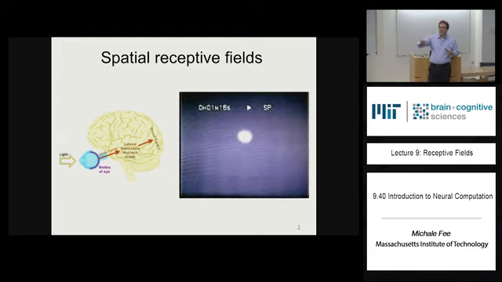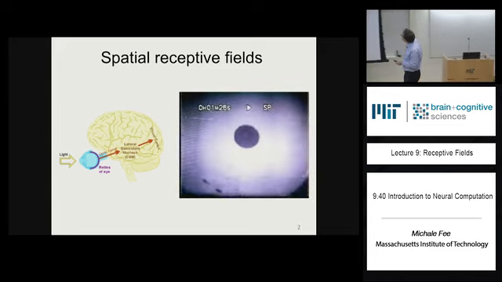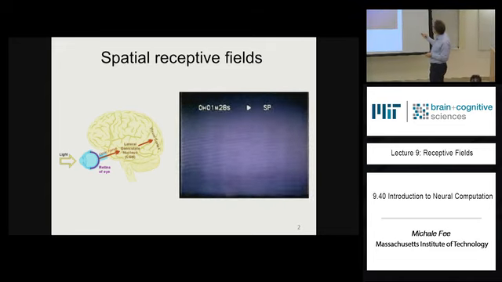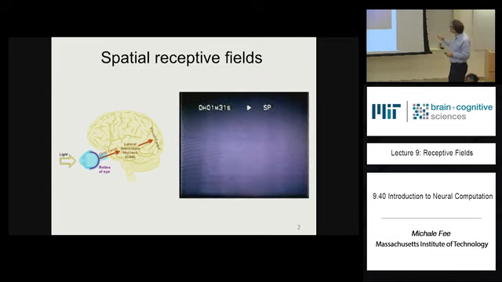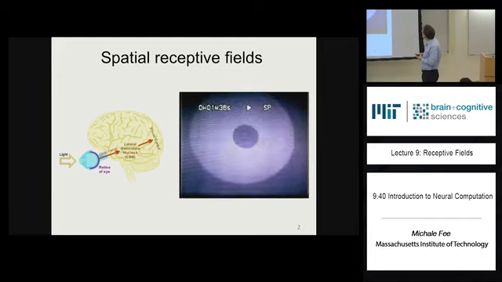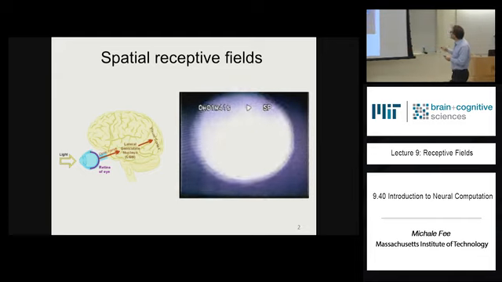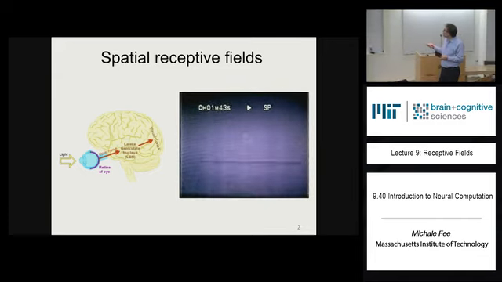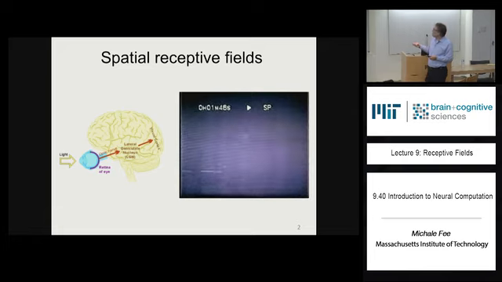Okay. So they would basically play around with spots of light or bars of light and see where the neuron spikes a lot, and then they would draw on the screen what they would call the receptive field of the neuron. So you can see that this neuron responds with high firing rate when you turn on a stimulus in that small region there.